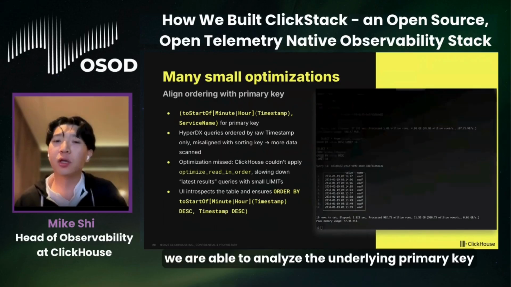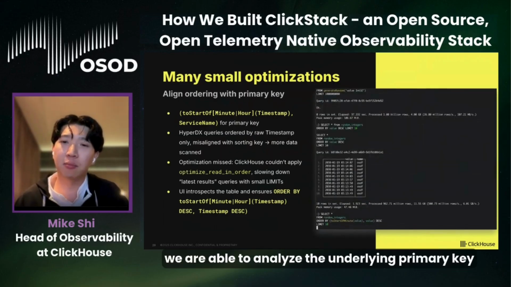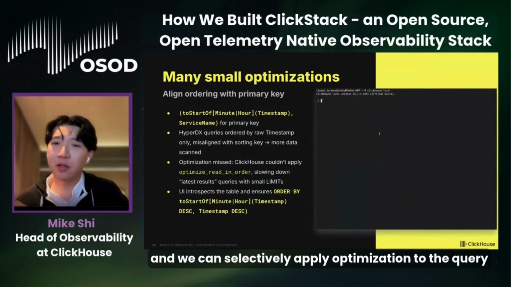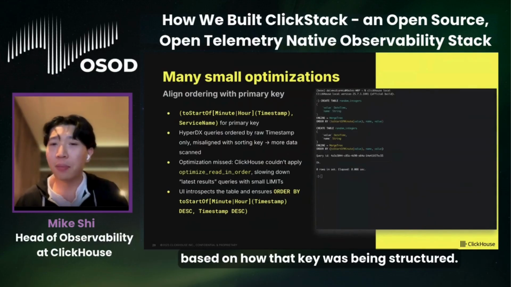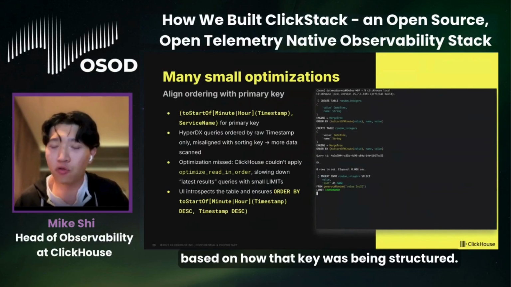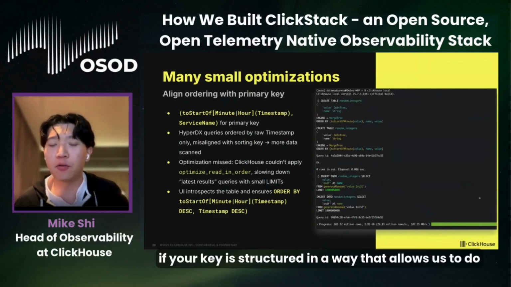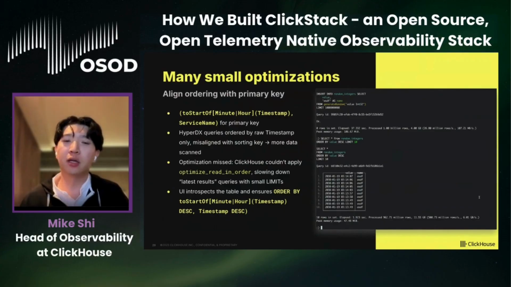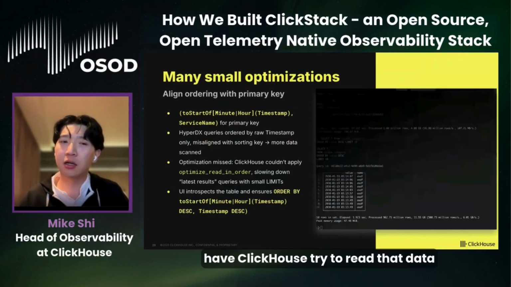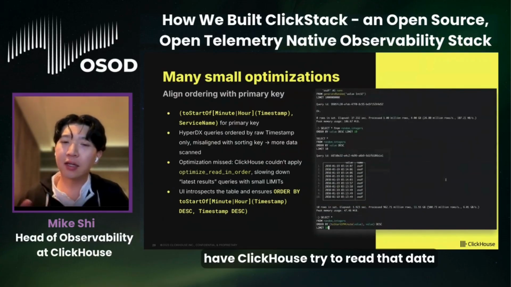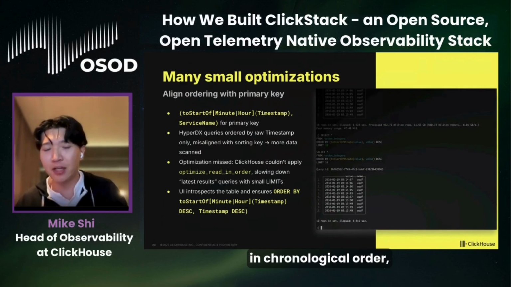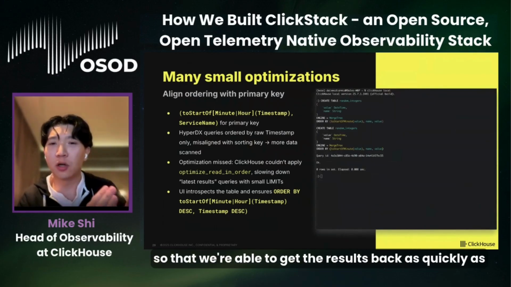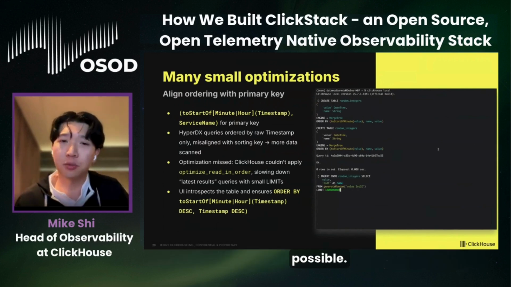So for instance, we are able to analyze the underlying primary key of the index that's in place of the table, and we can selectively apply optimization to the query based on how that key was being structured. For example, if your key is structured in a way that allows us to do chronological ordering, we'll actually have ClickHouse try to read that data in chronological order, but biasing towards either the newest or oldest data, depending on the user preference, so that we're able to get the results back as quickly as possible.